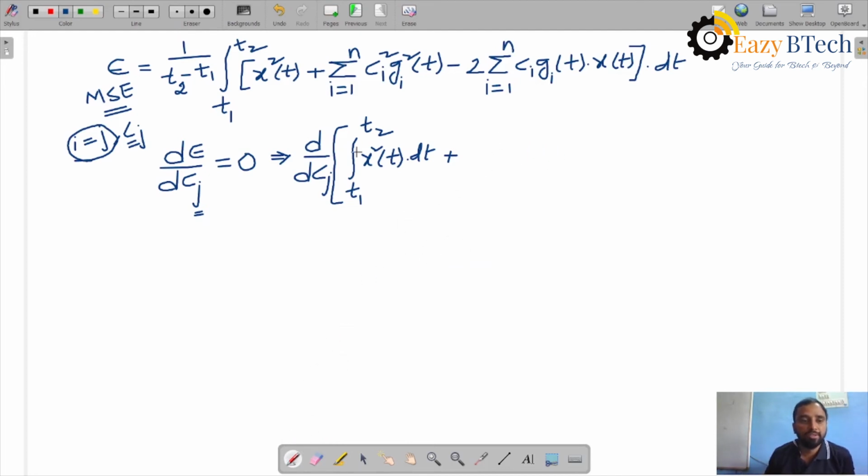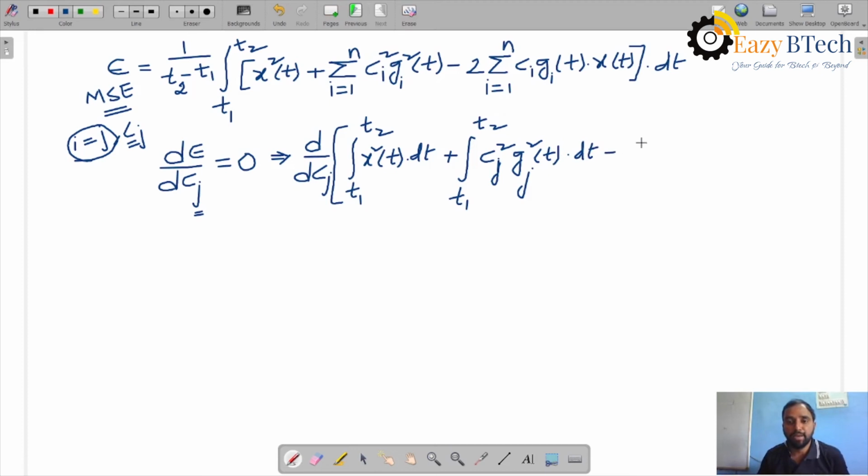We are going to do Cj when i is equal to j. So here again, integral t1 to t2, integration is as usual. I am writing ci square, so i is equal to j, that is why Cj square and gj square dt. This is the second integral.